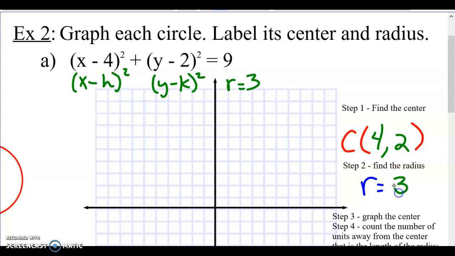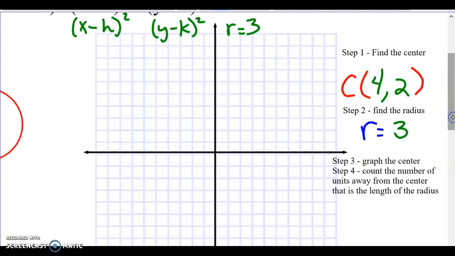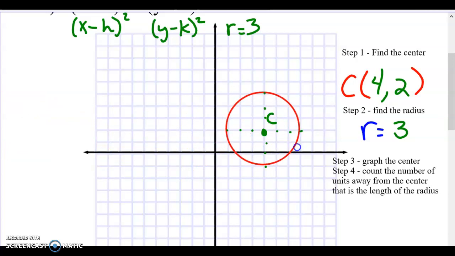So the radius would be 3. And then we would go ahead and graph it. So I would go 4, 2. That's the center of my circle. And if the radius is 3, then from the center I just go out 3. So 1, 2, 3. I go up 3, out 3, and down 3. And again, on the homework, it's multiple choice, so you can just look at their examples. And then I would connect those points, and there's my circle.